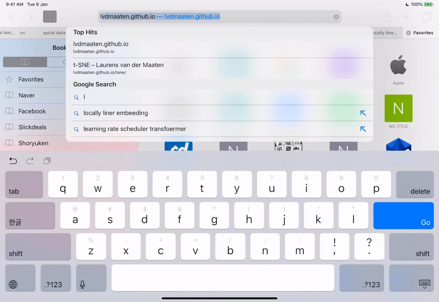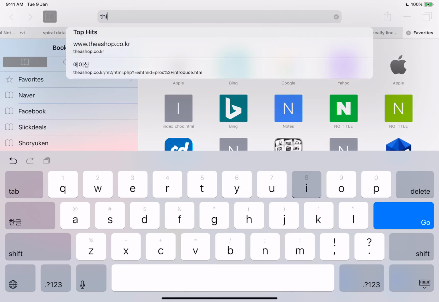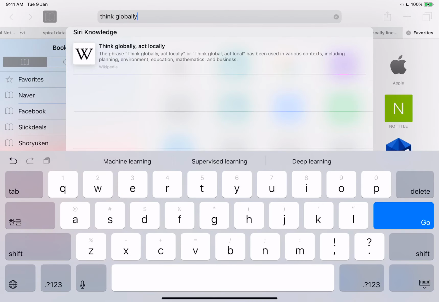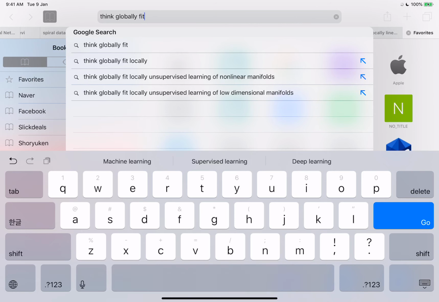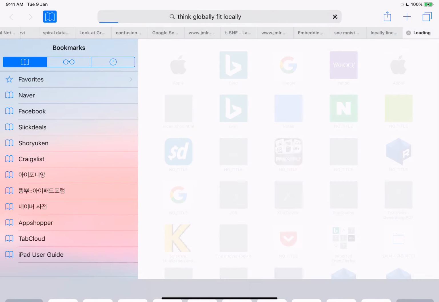I wanted to show the title of that paper. Think globally, fit locally. Maybe it might be the other one.